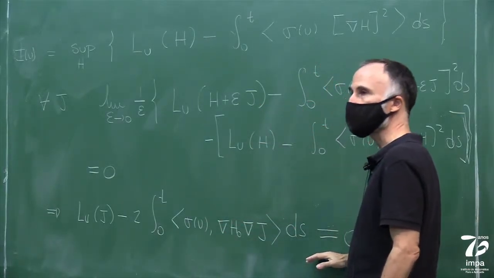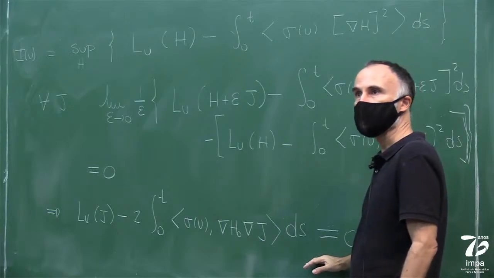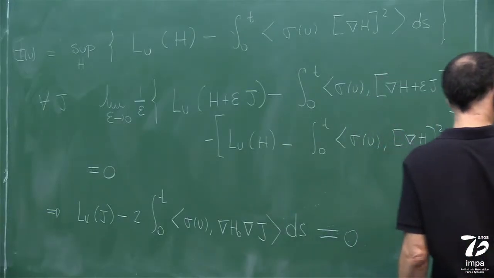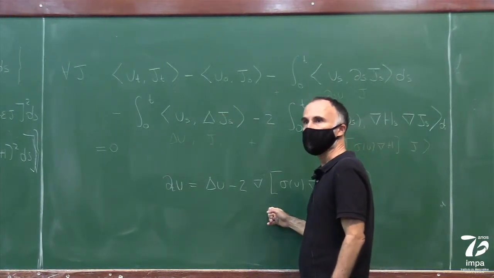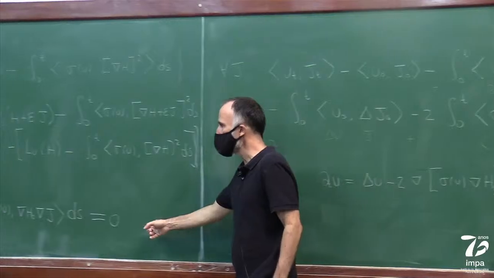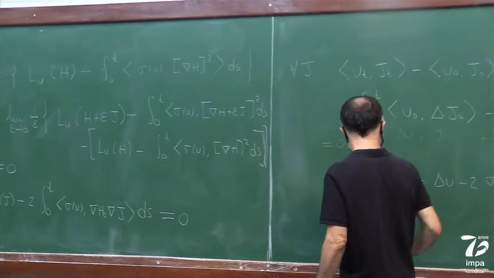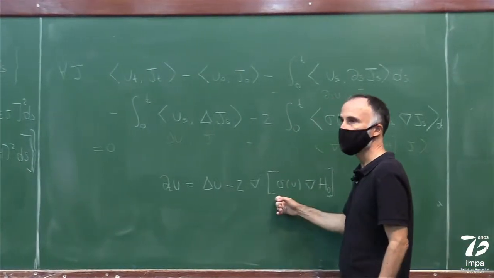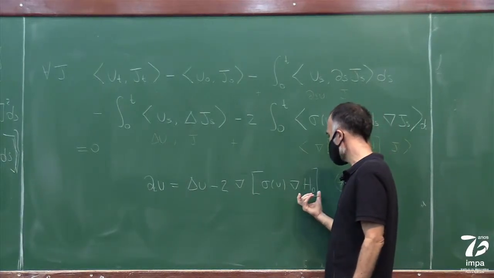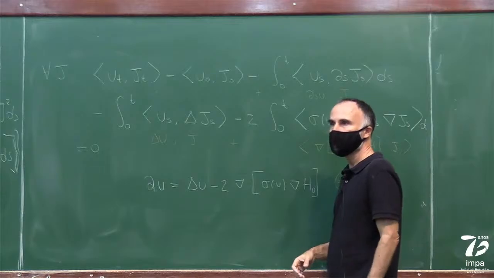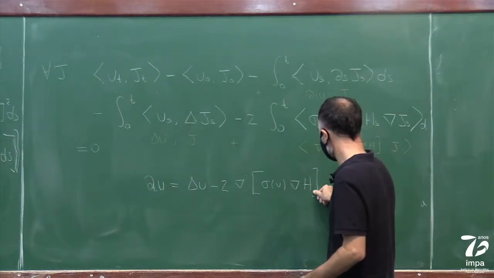So I got this equation for h. And this equation is equivalent to this equation. So h has to satisfy this equation. Okay? So let's call the h which satisfies this equation h0, or hu.